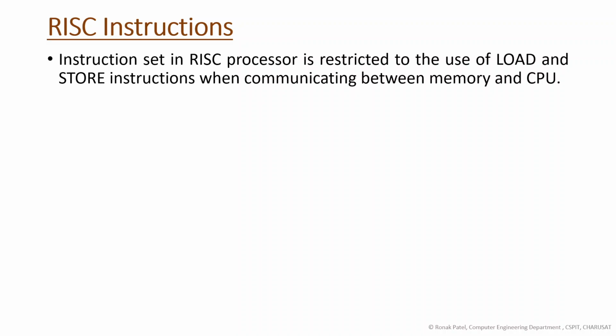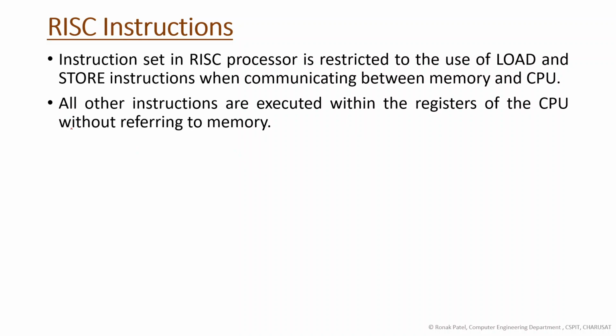Now here RISC instruction set uses load instruction. So all the values will be first loaded from memory location to processor, and then the operation will be performed with the help of registers, and then the result again will be stored from register to memory location. So let's see the same operation again.